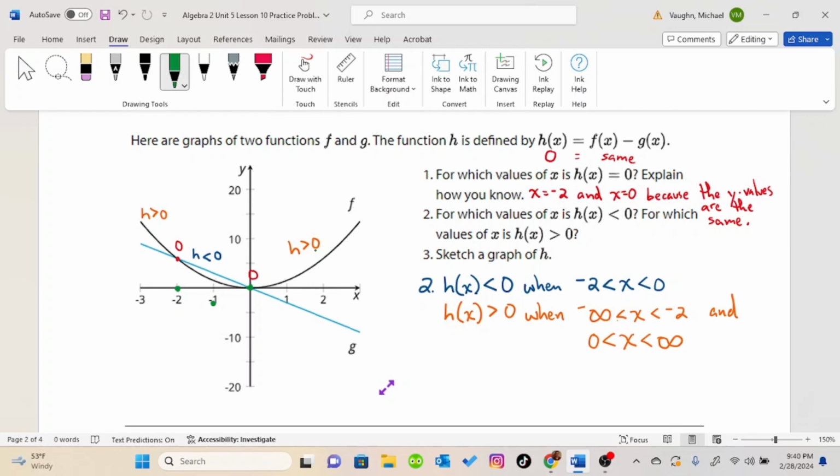At -3, it looks like we have 14 minus 9, which would be 5.